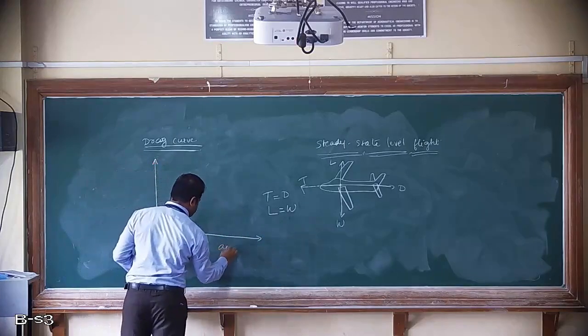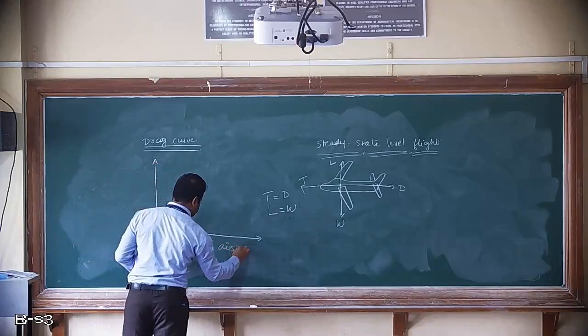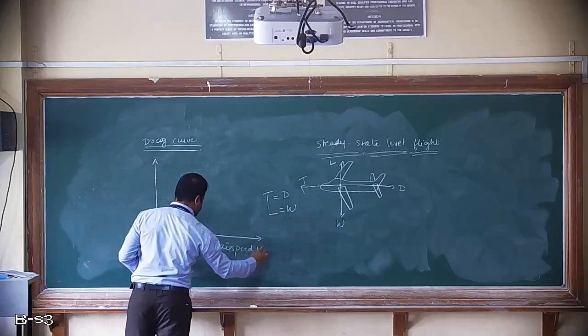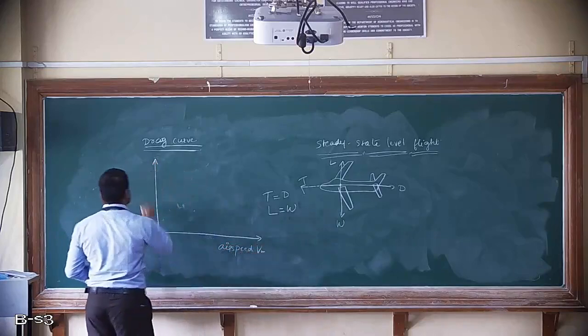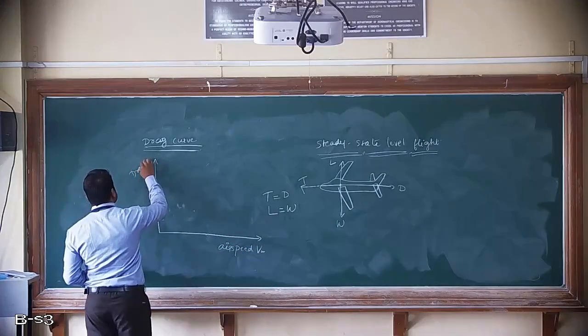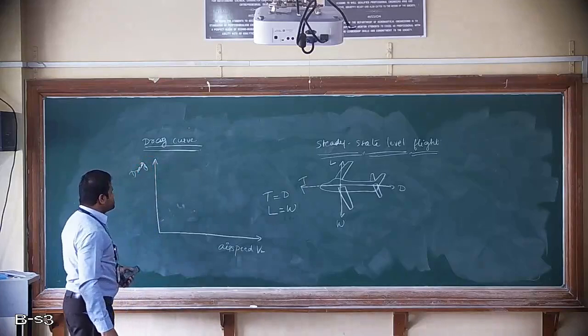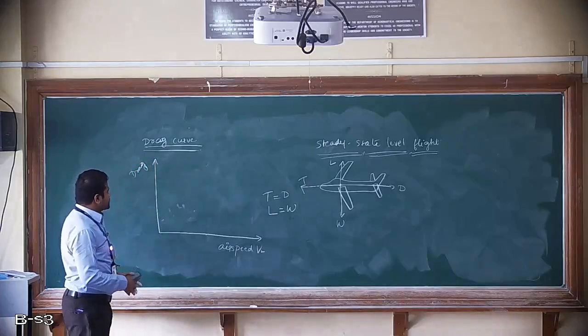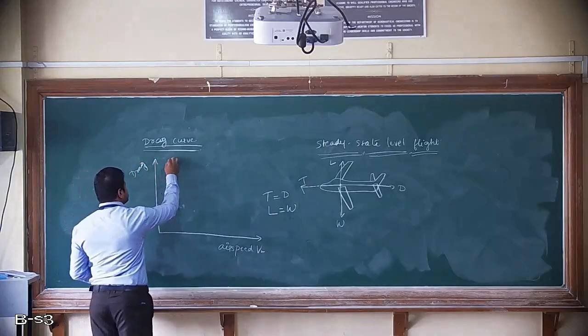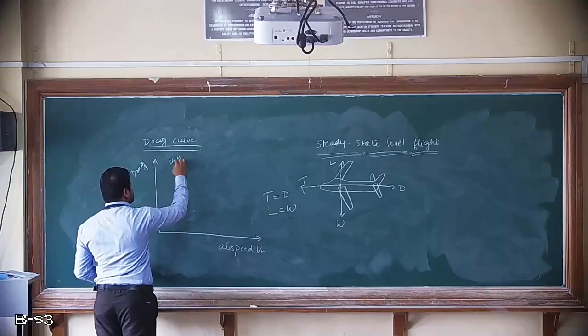This side is airspeed. This is drag. So here stall speed is there. From here it will start.